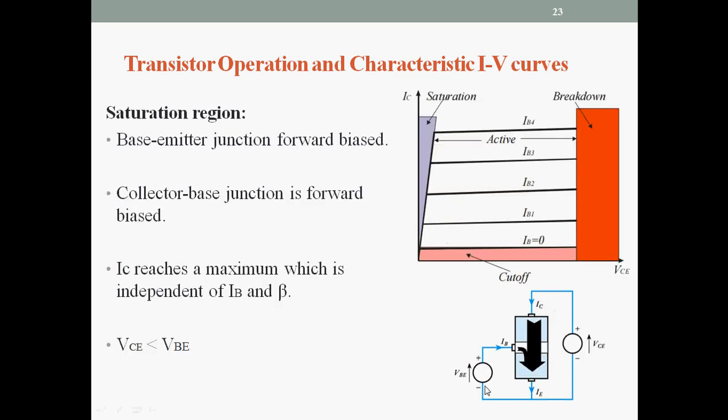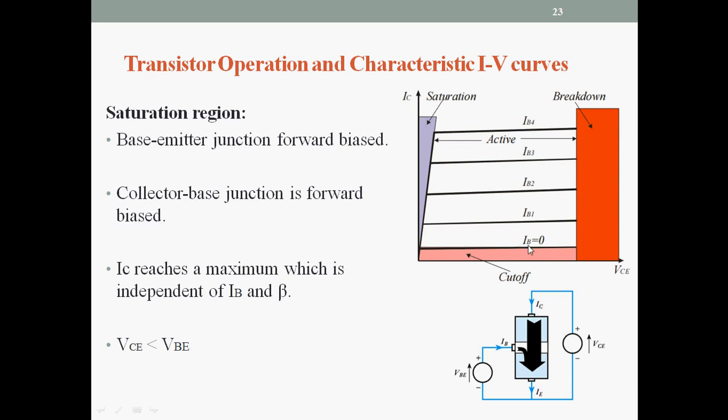Then the saturation region, where the base emitter junction is forward biased, and the collector base junction is also forward biased. So both the junctions are forward biased.